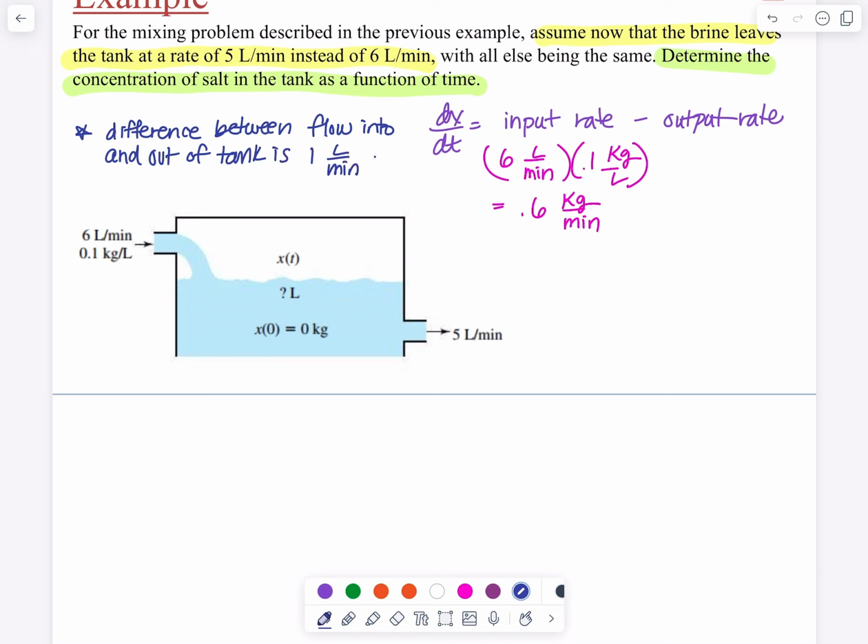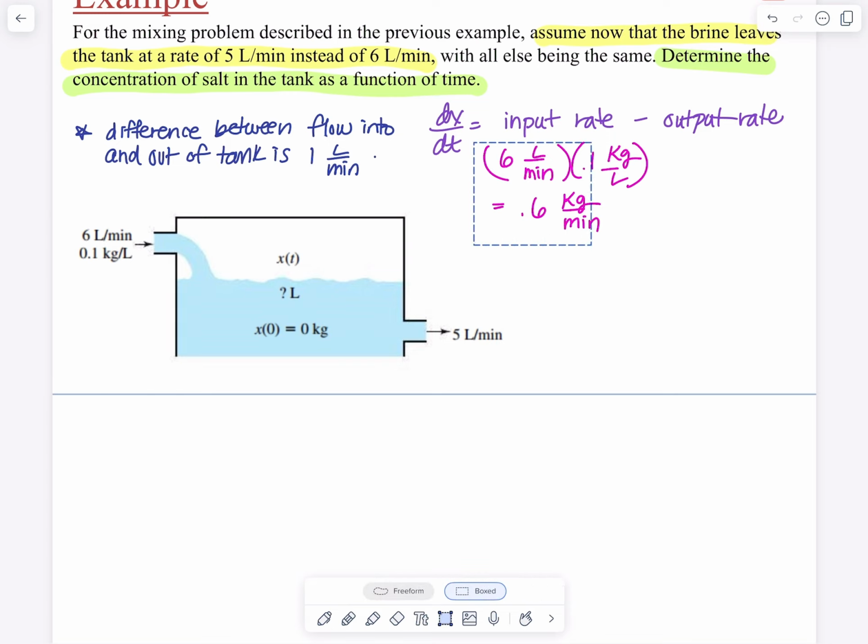The volume of fluid in the tank after t minutes is going to be 1,000 plus t liters.